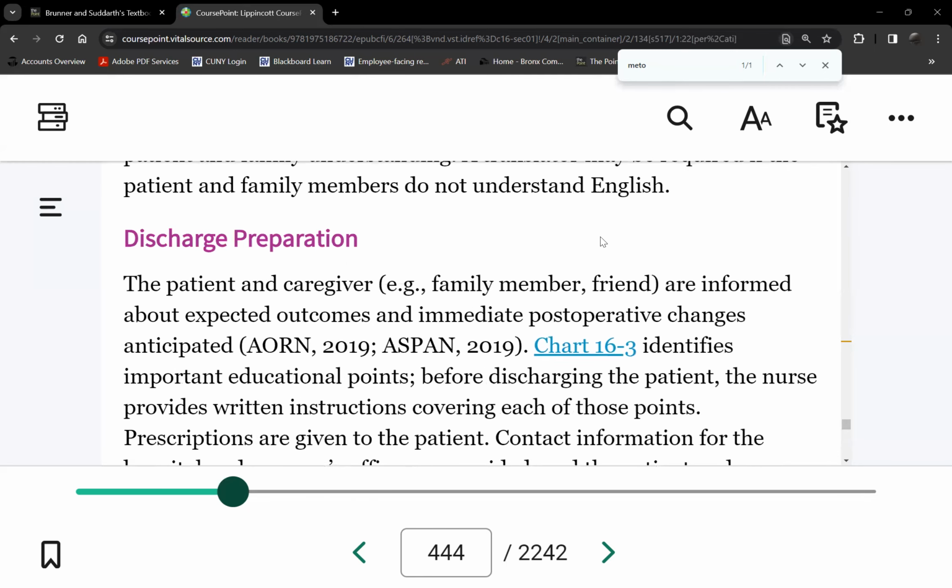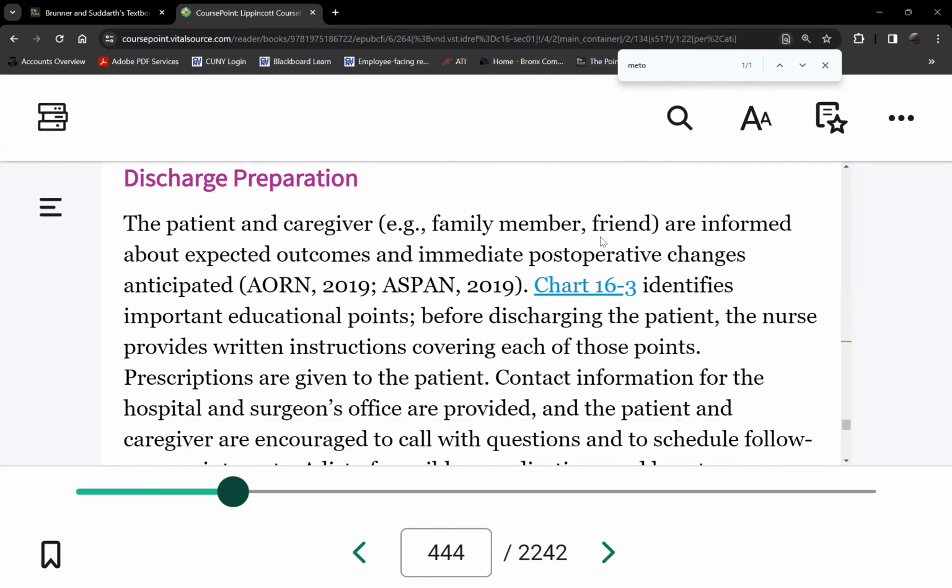For discharge, it depends really on where the patient is right now. If you're in the PACU, then the discharge really is to a med-surg floor. If you're on a med-surg floor, there are two places the patient can go: either to another facility for rehab or home.